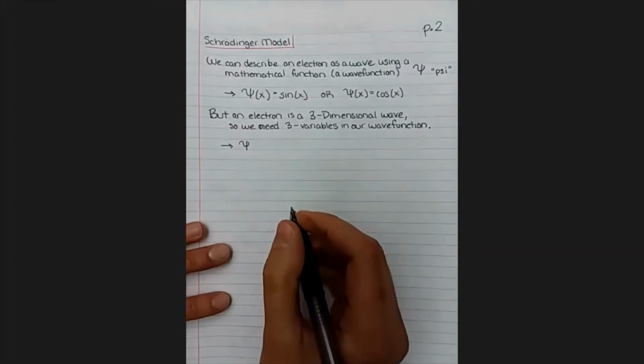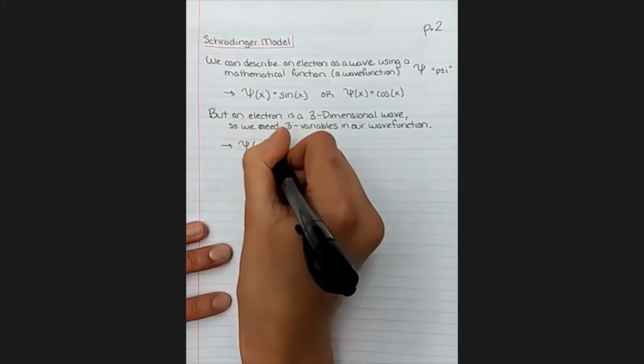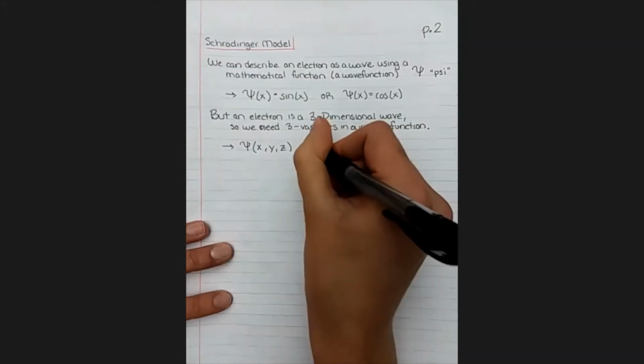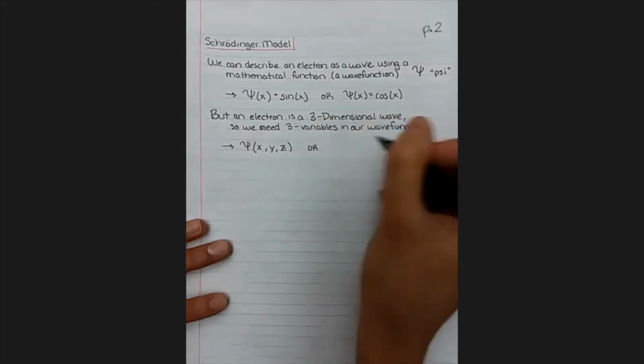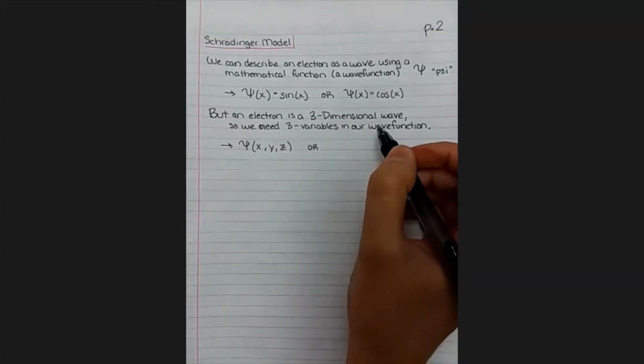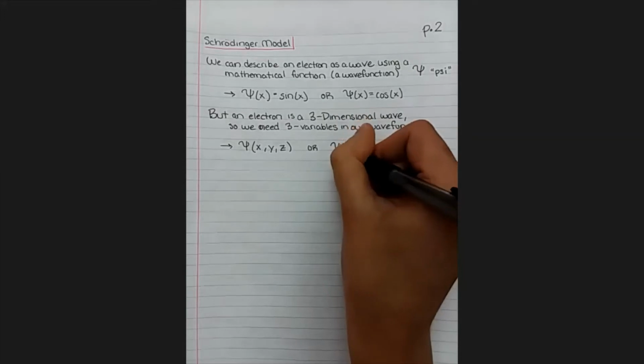So if we wanted to write a three-variable wave function, we could say psi of x, y, and z, because those are the variables we oftentimes use in calculus. But because electrons are waves that orbit a spherical object, the atom, we usually use radial coordinates to describe it.